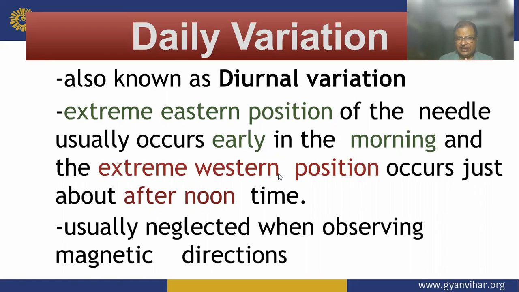The extreme eastern position of the needle usually occurs early in the morning, and the extreme western position occurs just about after noon time. It is usually neglected when observing magnetic direction.